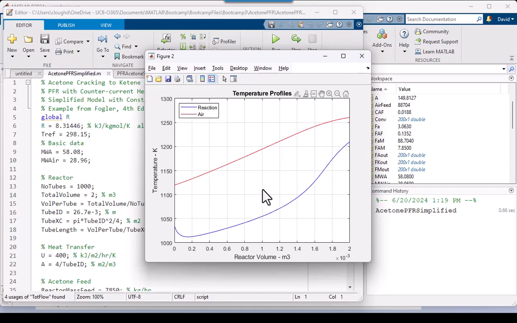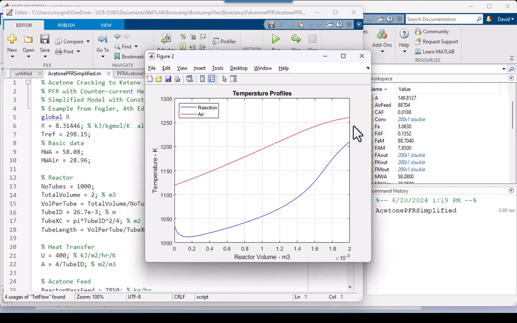We've got our temperature profiles where we started with our 1120 initial estimate. And so this is the reaction. You'll notice that the endothermic nature takes us down a bit, and then with the heat transfer from air, it brings the temperature back up. And you'll notice that our air entry temperature, air's coming in this way, is not at 1250.